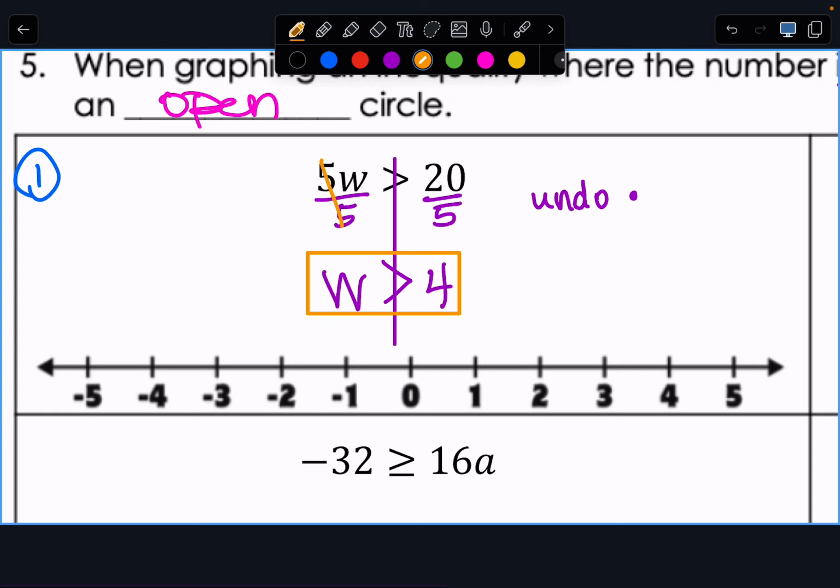Now, if W is greater than 4, I'm going to put a circle on 4. Do I color it in? No, it's an open circle. If W is greater than 4, am I going to go to the right or to the left? We are going to go to the right because we want numbers that are bigger than 4.